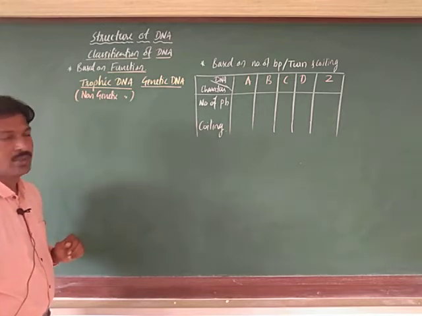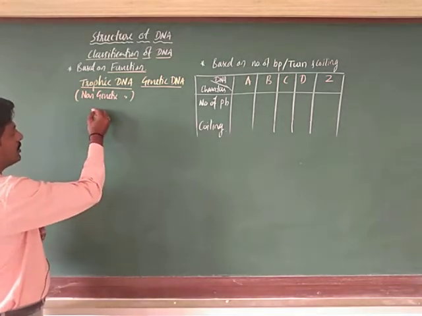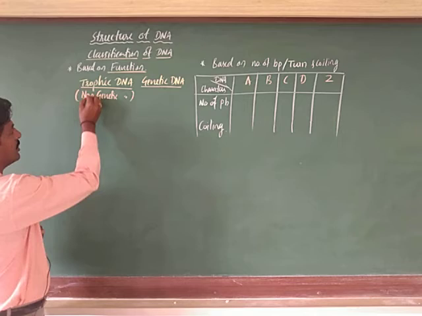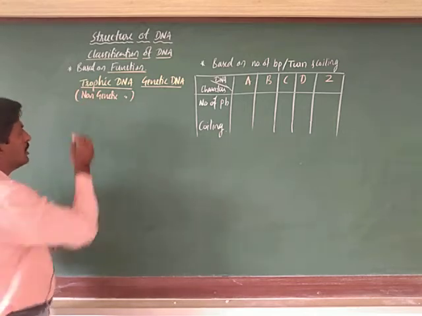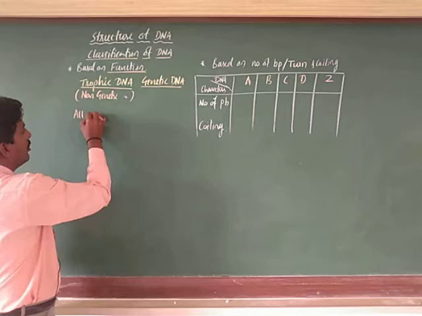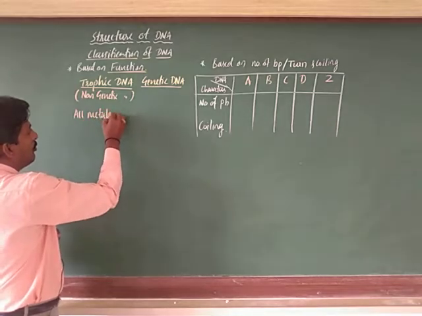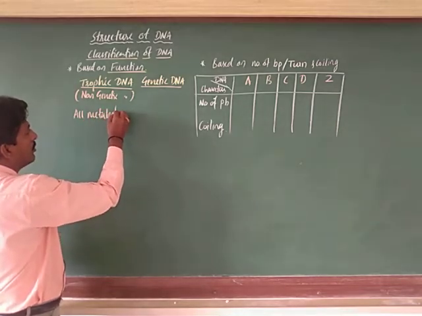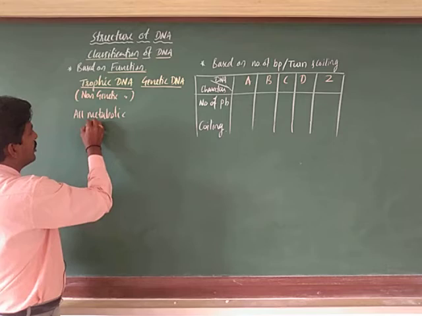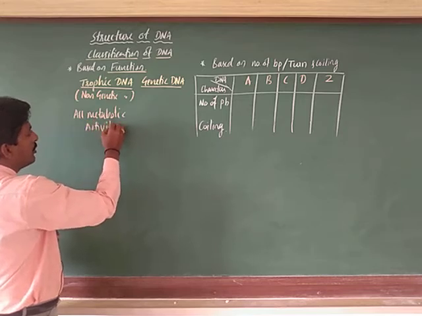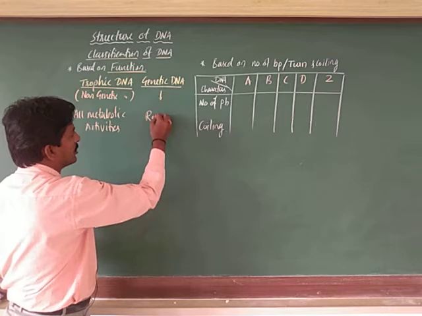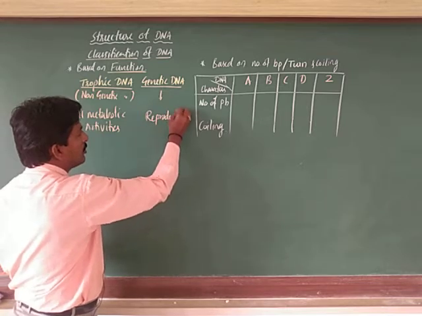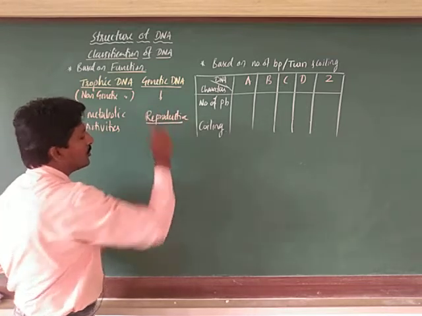Trophic DNA, or non-genetic DNA, performs all metabolic activities, but it does not perform the reproductive activities.